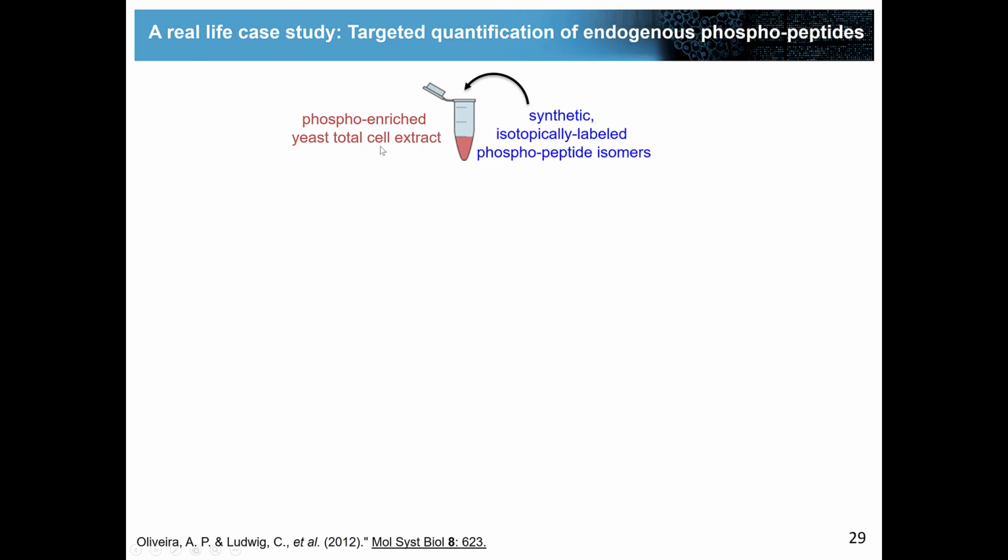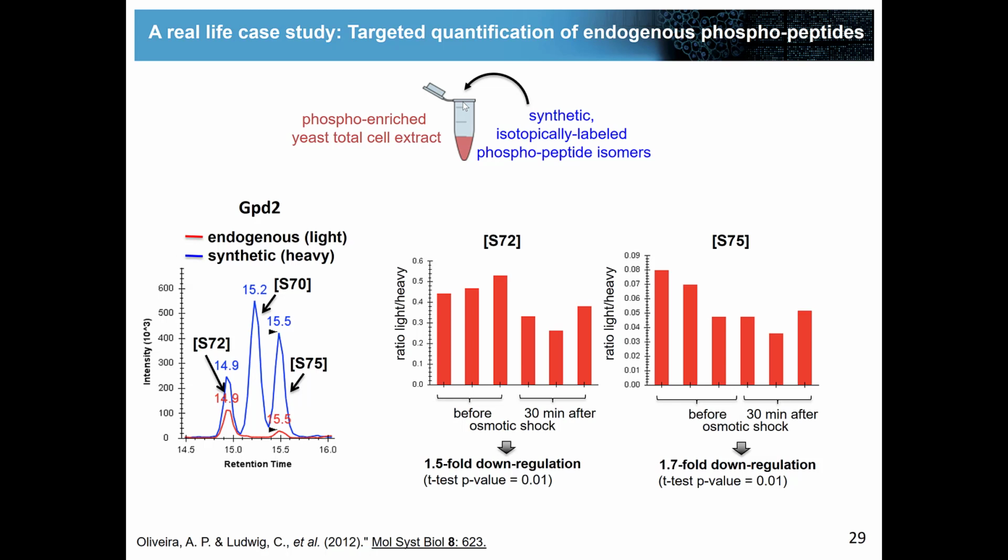So what I did at that time was I used my phospho-enriched yeast cell lysates, which were light, and I spiked in these mixes of synthetic peptides into the sample. And as they were isotopically labeled, I could directly spike them in. And then I measured heavy and light peptides together. And that's how it looked.